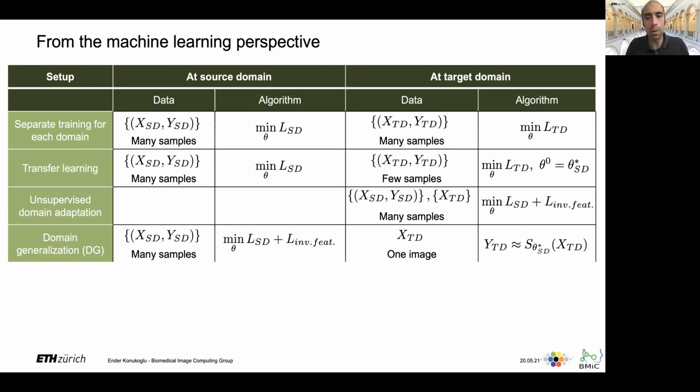Now, a good strategy that actually does not have any of these problems is what's called domain generalization. So what I do here is, on the source domain, I try to minimize the loss. That will both make segmentation good, but also it will extract features that do not necessarily depend on the specifics of the contrast. How do I achieve that?